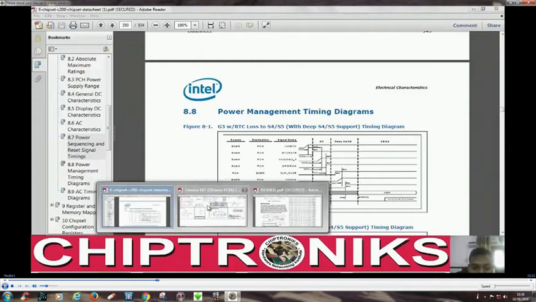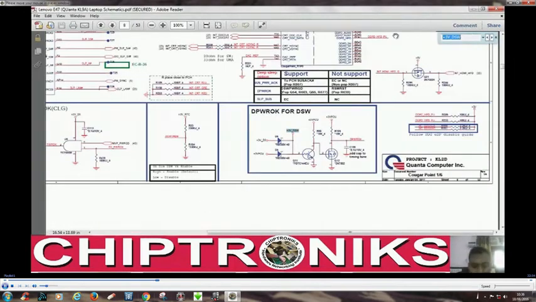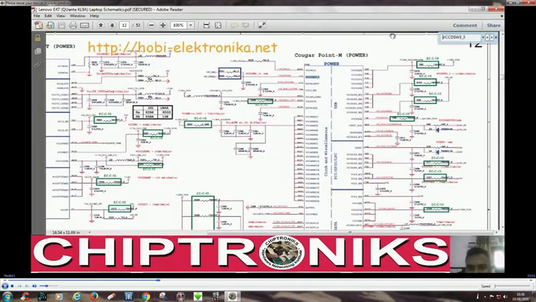Now let us check in the schematic diagram VCC DSW 3_3. Now this VCC DSW 3_3 is the power for the deep sleep well, and as you can see, this is connected with +3V_DSW.